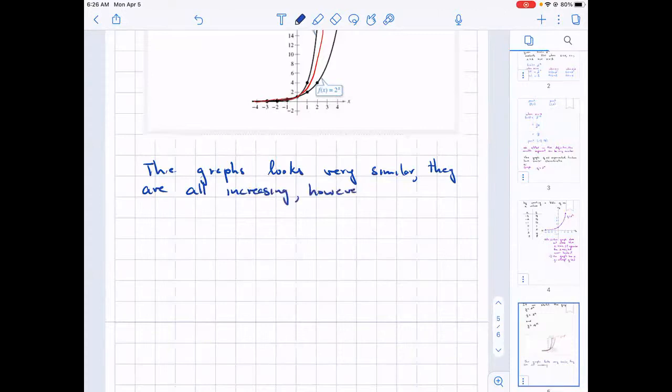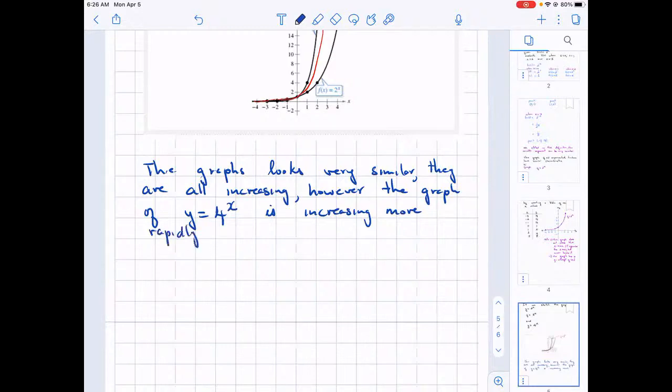However, the graph of y equals 4 to the x is increasing more rapidly or faster, meaning that the graph is much steeper for positive x values, more rapidly than the graph y equals 3 to the x.